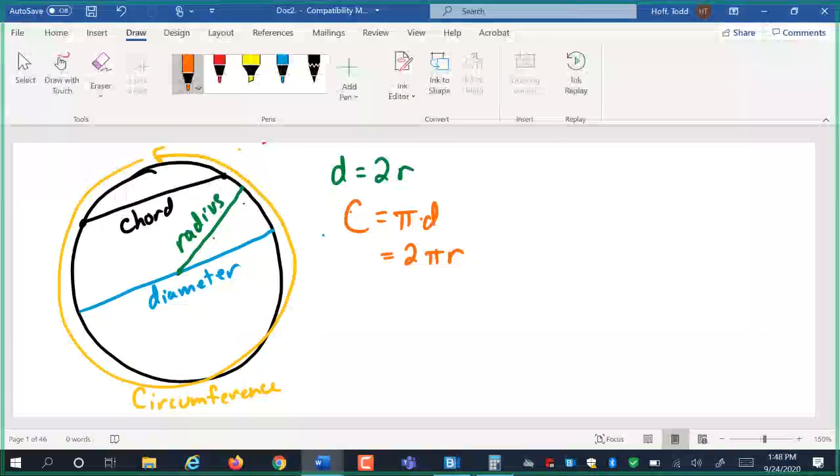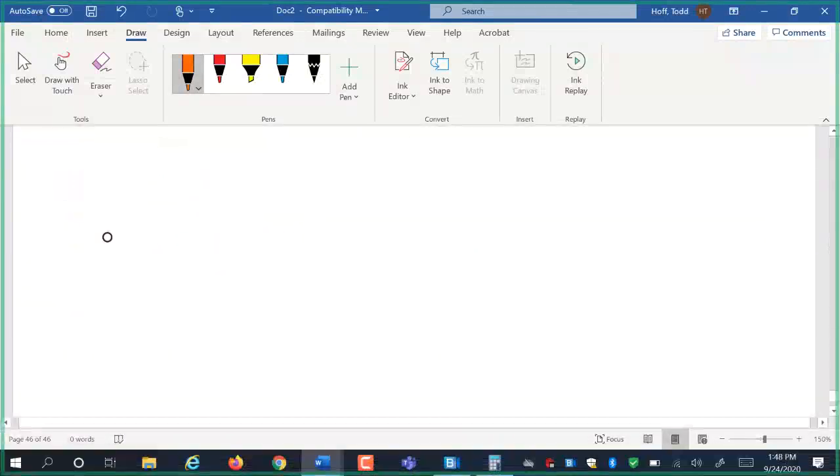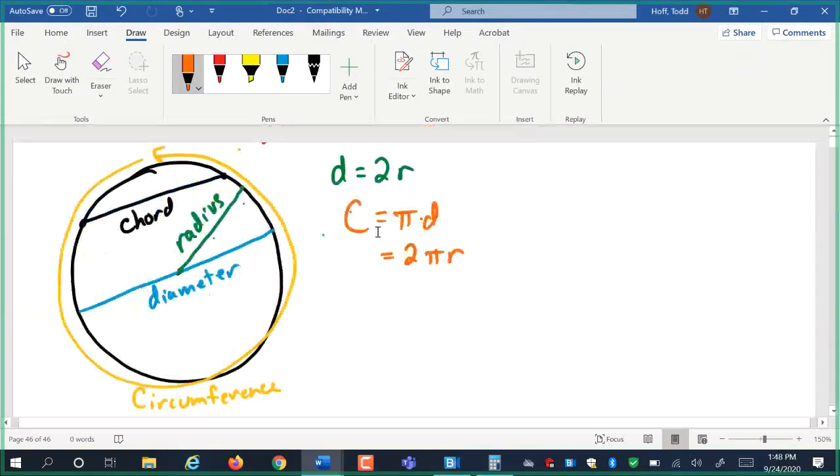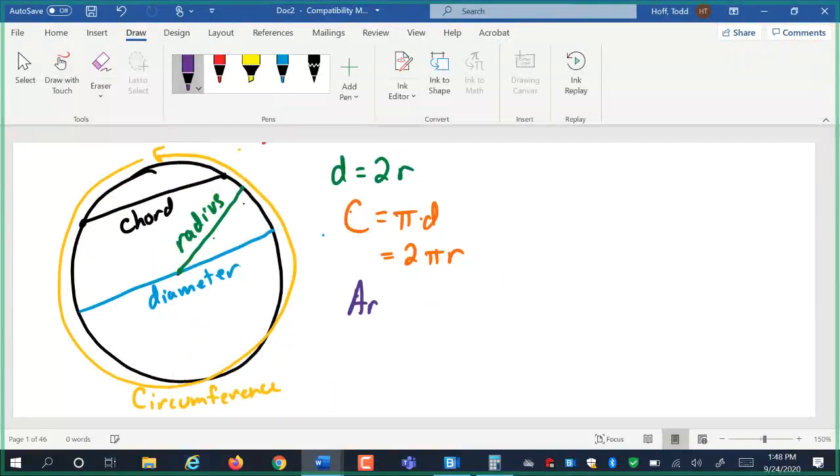And of course, the area, which is equal to pi times the radius squared.